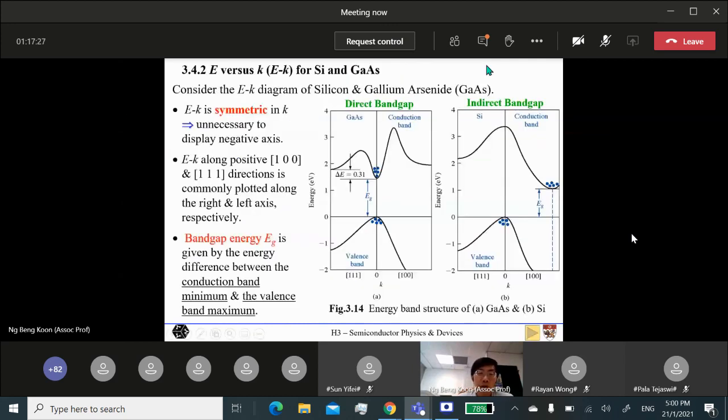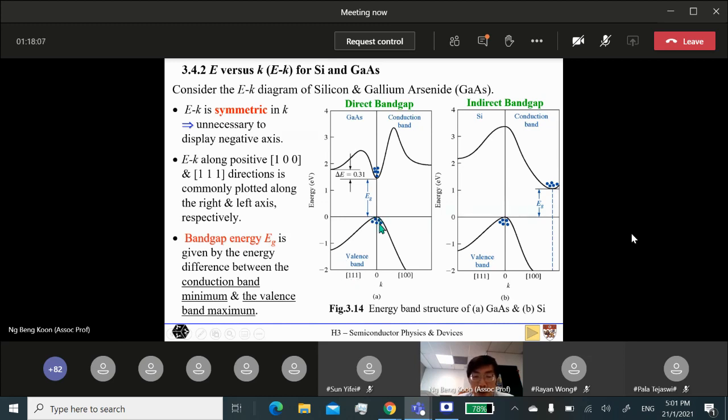As I mentioned before, the E-k relation is direction dependent, and so wherever we show the E-k relation of a semiconductor, we don't just show it for one direction. Instead, if you look at textbooks, you will typically find the E-k relation comprising different directions pieced together. For example, for gallium arsenide, on the right-hand side from the zero value, you have the [100] direction. Remember the square bracket indicates a crystal direction.